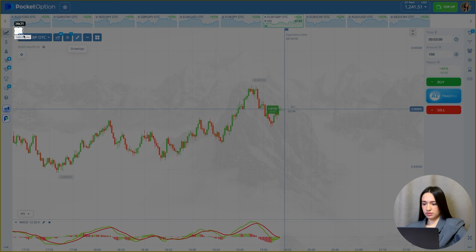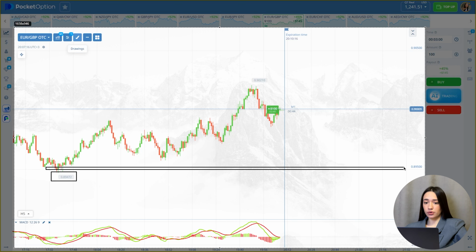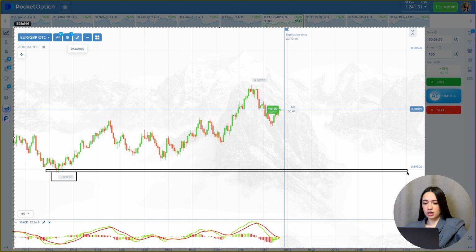Look, a global low was updated here. So this is our key support area. And after that, the trend moved upward, followed by pullbacks.